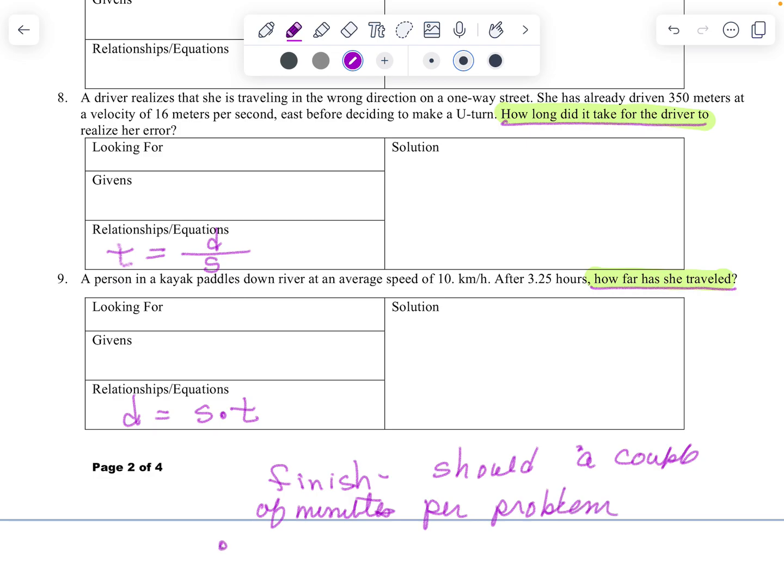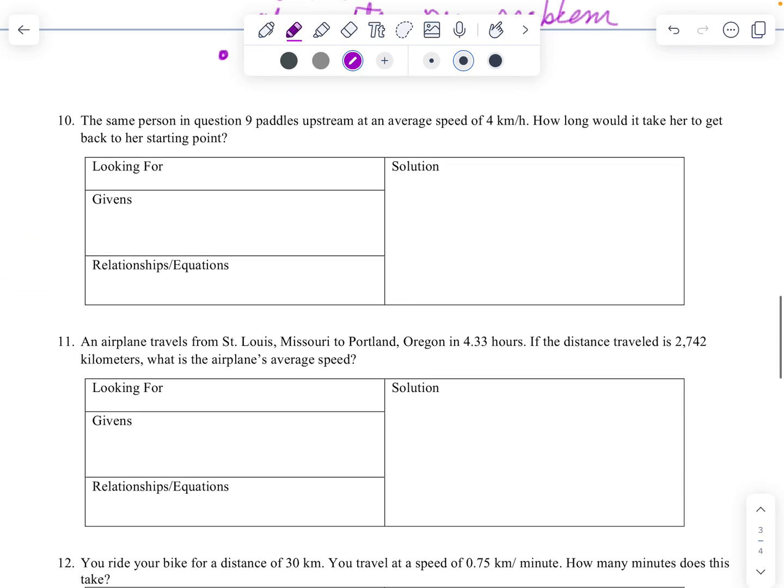I will expect everybody to be engaged. I will expect everybody to be doing what they need to do. Please don't sit here doing absolutely nothing. That's a good way to ensure that you bomb your test, which will be coming up before too terribly long here after acceleration. Let me take a look at what's next here.